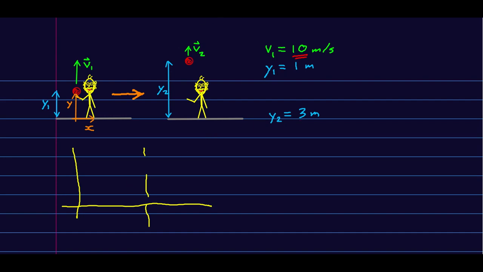So I'm going to start by drawing an energy bar chart. I'm talking about an initial time and a final time, so this is just 1 and 2. Initially it's got a lot of kinetic energy, so I'll call that K1, and not an awful lot of gravitational potential energy, so I'll call that UG1.